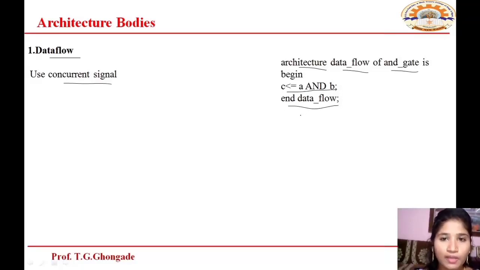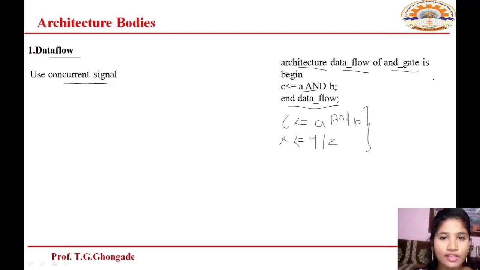Now if you want to make multiple circuits, for example, C is assigned A and B, and also X is assigned Y or Z. So both of these statements are executed concurrently or in parallel.